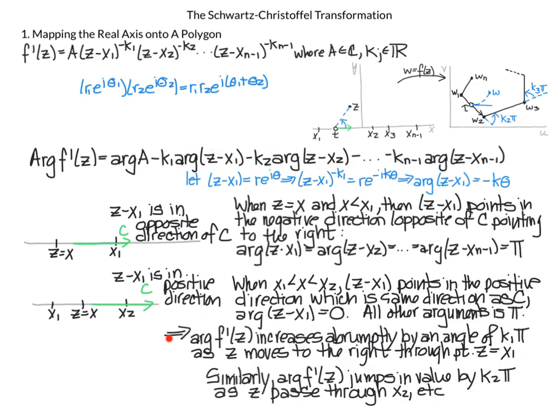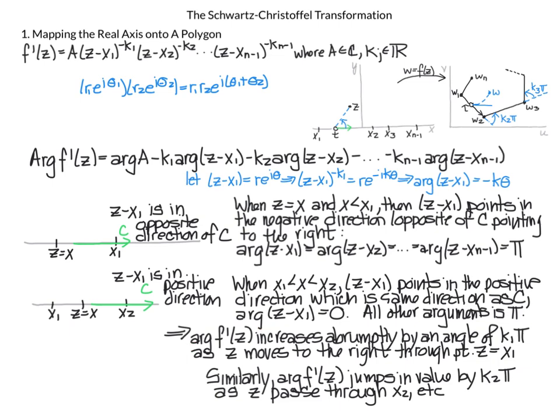So in other words, I'm going to write this a different way. The argument of f prime of z, we're no longer subtracting this k1 pi. So argument of f prime of z increases abruptly by an angle of k1 pi as z moves to the right through the point z equals x1. So that's what this is.